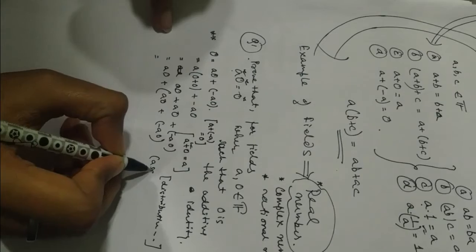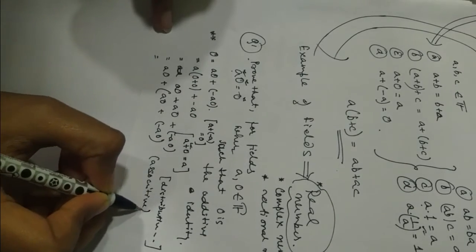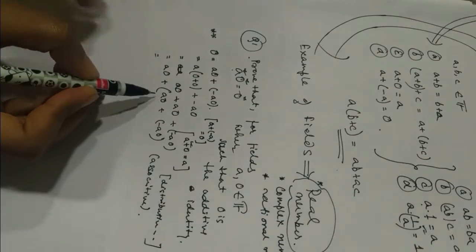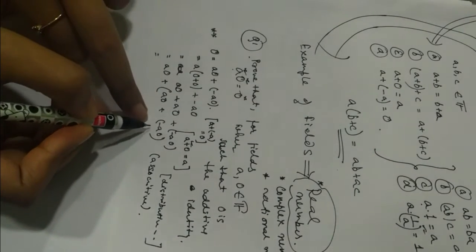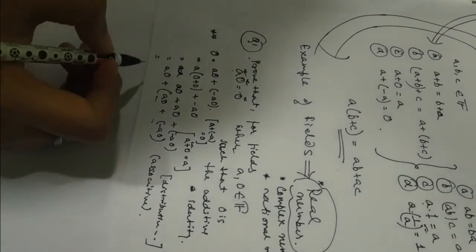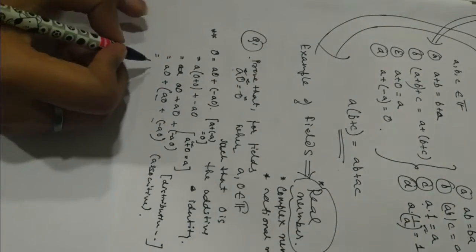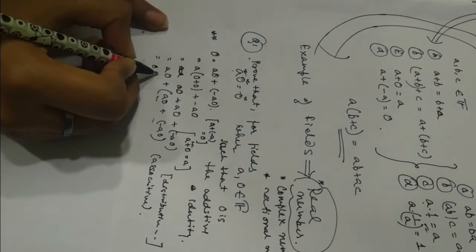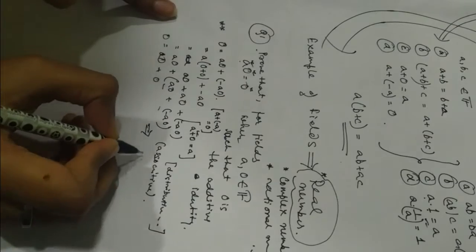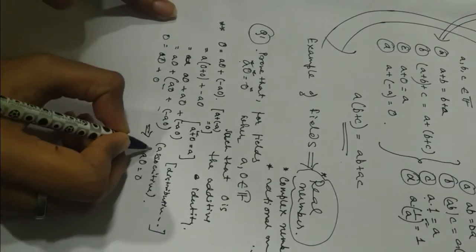So this comes from the associative property of a field. Now A0 plus A minus A0, this is nothing but the element plus its additive inverse, so this will obviously become 0. That means we are left with A0 plus 0, which finally gives me A0 is equal to 0, right?